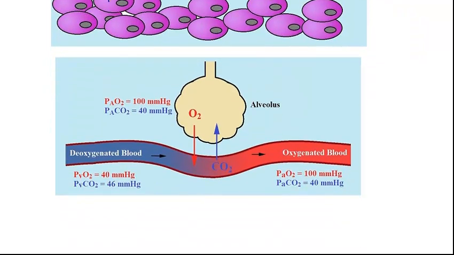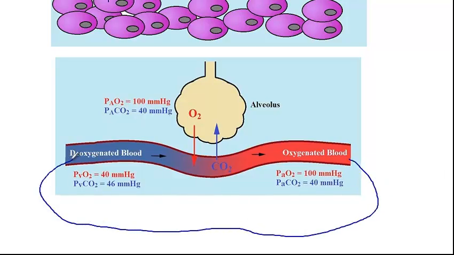Same happens in the lungs, where the veins that contain the deoxygenated blood have about 40 millimeters of mercury of oxygen and 46 millimeters of mercury of CO2. Once they exchange gas with our alveoli, the oxygen content rises to 100 millimeters of mercury and the CO2 content drops to 40.